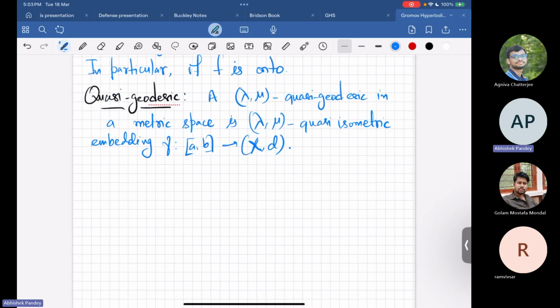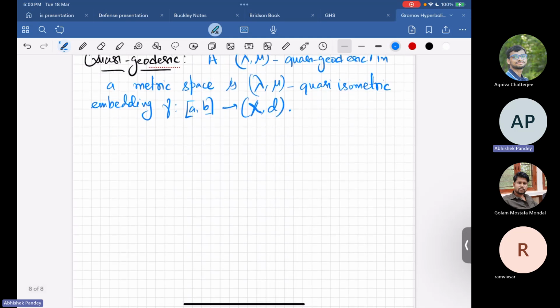Note that in this case I did not write that gamma is continuous. But there is no harm in doing so because we have a result which says that quasi-geodesics can be tamed.